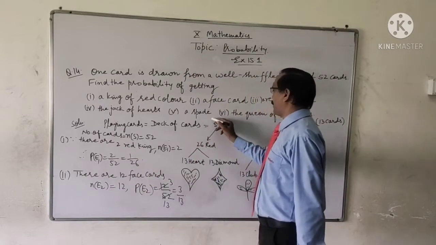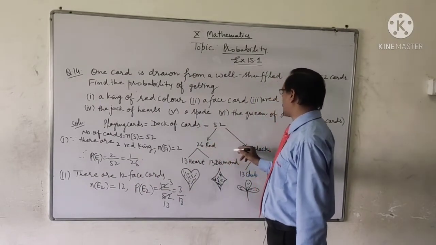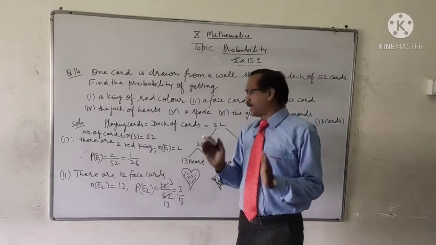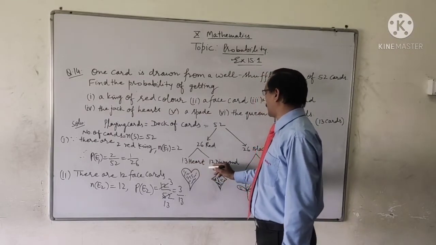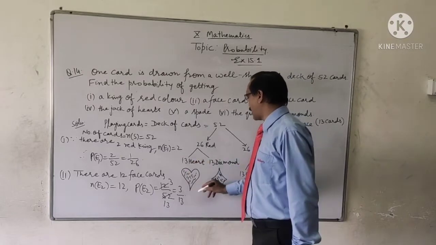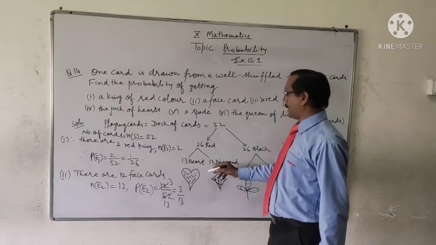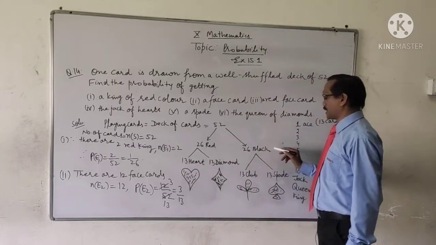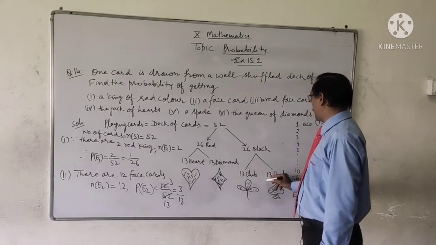Now there are the main 52 cards in which 26 are red cards and 26 are black cards. In 26 red cards there are 13 hearts and 13 diamond cards. These are the red heart and the red diamond. Now 26 black cards, that is 13 club and 13 spade.